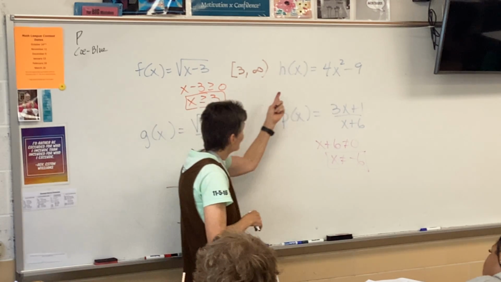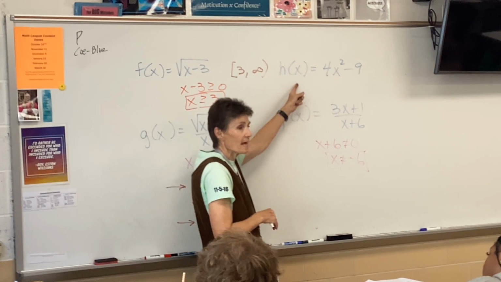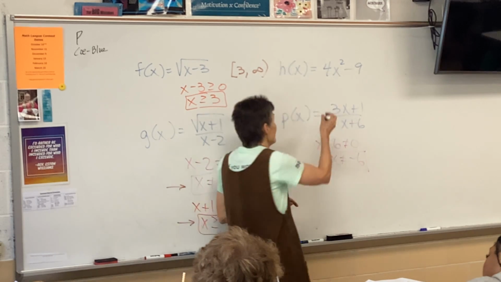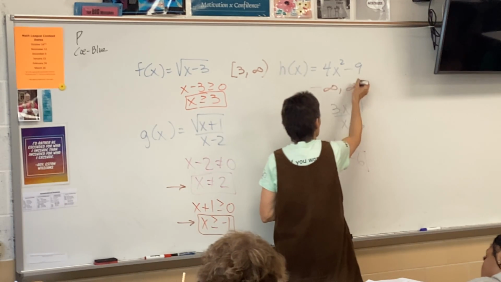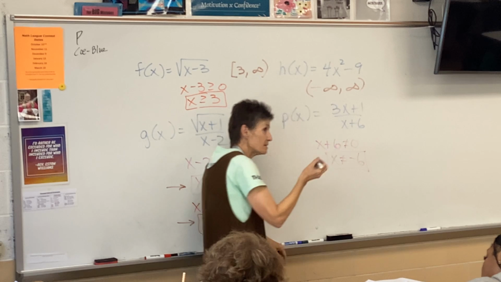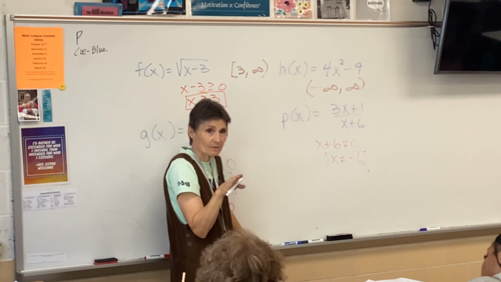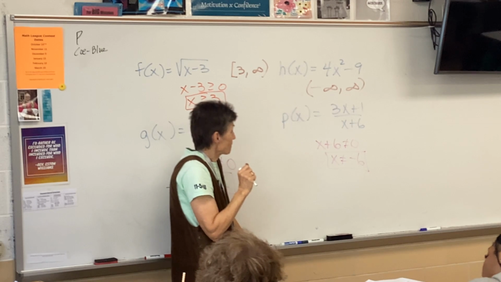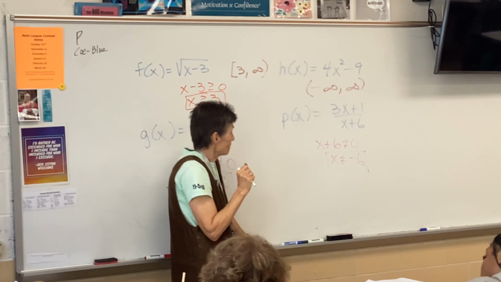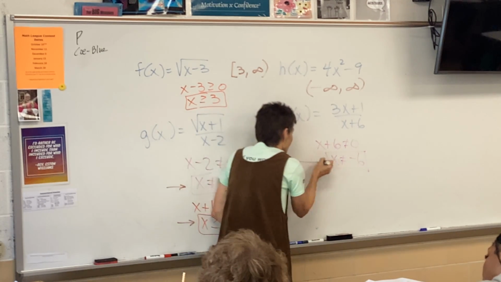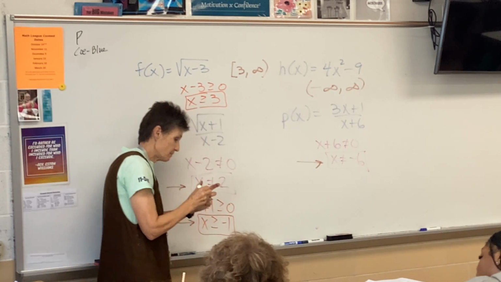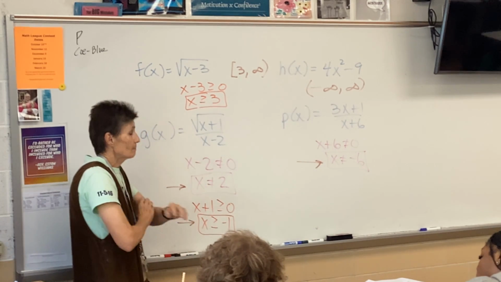How about this one? I don't have anything written down for that one. What's that domain? Negative infinity to infinity, because I don't have anything written down. There's no radical and no denominator. And that one you can just leave just like that.